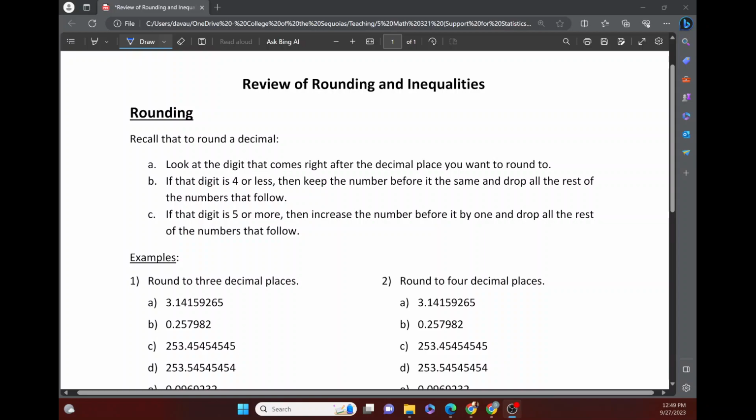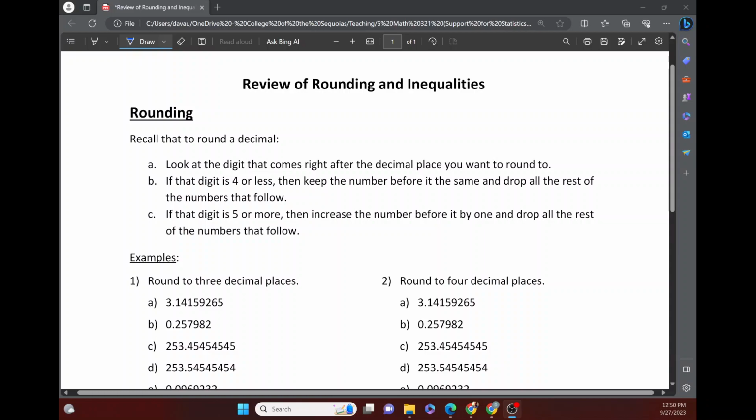Okay, we have already talked about rounding and inequalities, but moving into chapter 10, we'll be doing a little bit more rounding of certain probabilities that we'll call p-values. And we'll be comparing those p-values to a level of significance and trying to determine if our p-value is less than a particular level of significance.